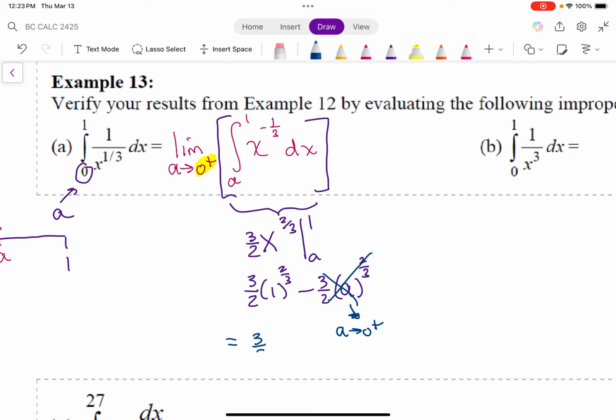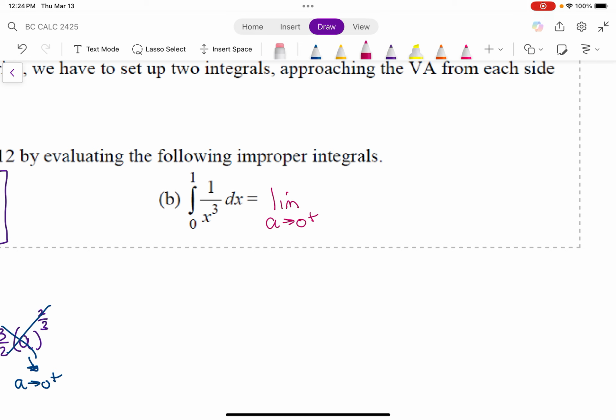This one we expect to diverge because, again, p is bigger than or equal to 1. So we treat this the same way. We're going to write this as the limit as a goes to 0 from the positive side of the integral from a to 1 of x to the negative 3.